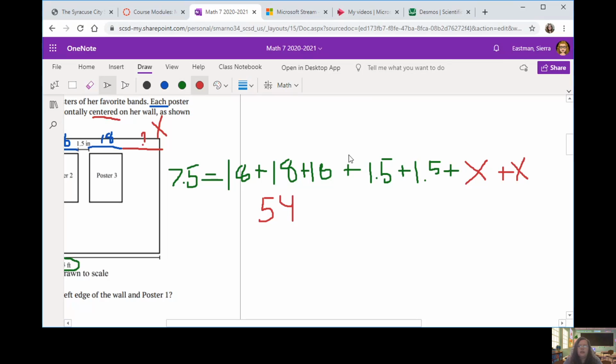And then we have 1.5 plus 1.5. Again, I can add those together. I actually know what that is already. That should be plus 3 when you put those together. And we have plus 2 x's. Okay. I'm going to simplify one more time. 54 plus 3 should be 57. Plus 2x here.